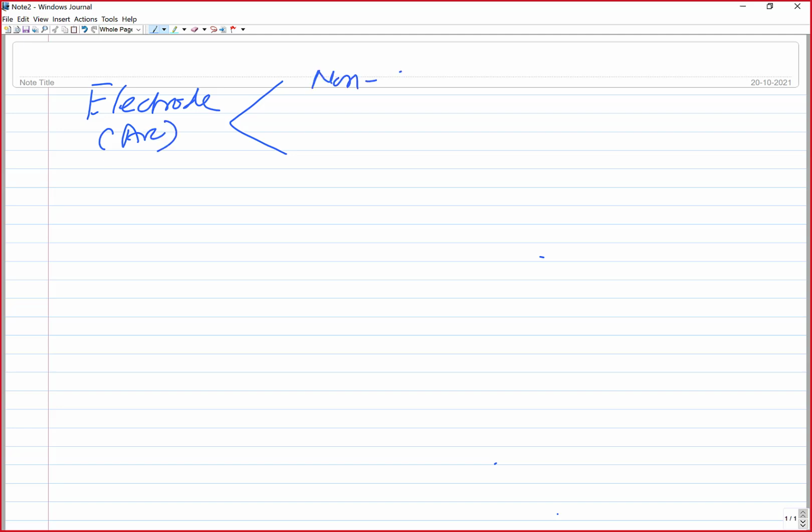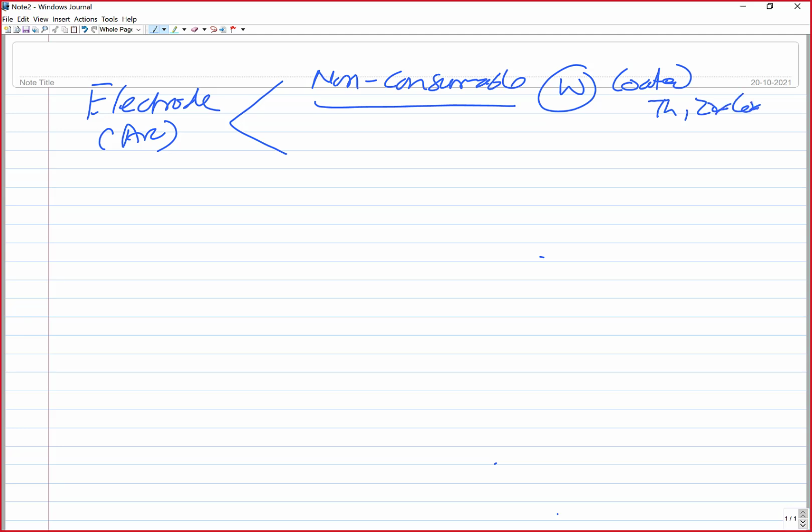One is called the non-consumable electrode. Mostly tungsten or coated tungsten electrodes, pure tungsten or thorium or zirconium coated tungsten electrodes, are used. These are mostly used in plasma arc welding and tungsten inert gas welding.